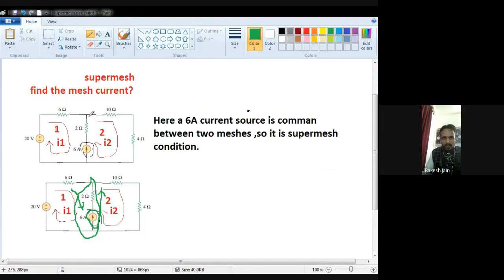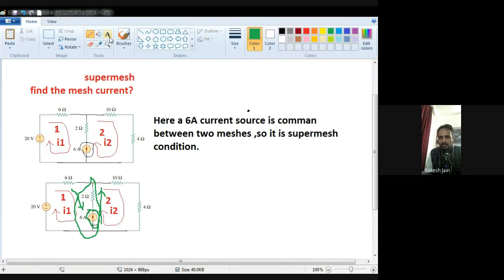The first step of a super mesh type of problem: just look at the question and see the value and direction of the current source because of which you consider it a super mesh problem.